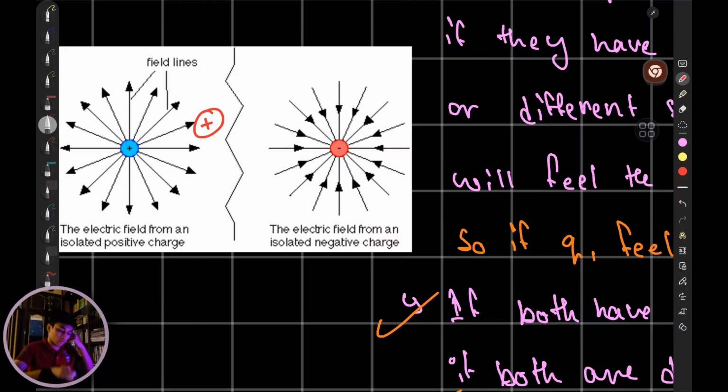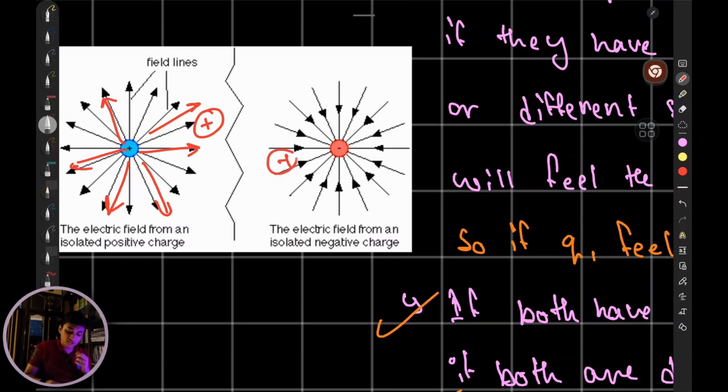How do we do that? I've already given this example: if you bring two positive charges together, for the field line of this positive charge, you bring a positive charge and see in which direction the force is felt. For this positive charge, it's going to be repelled, so the field lines are going to be outwards.